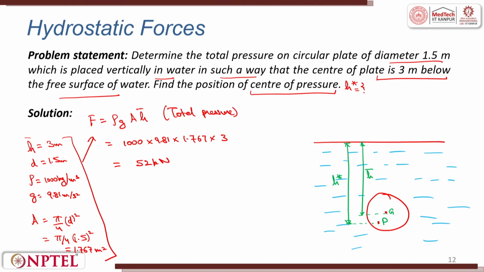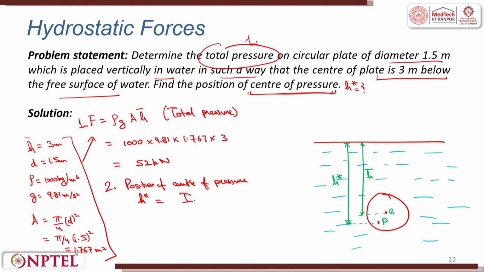Now they say find position of the center of the pressure. Total pressure part is over. This is part 1. Part 2 is find the center of pressure, that is position of center of pressure, which is H star.